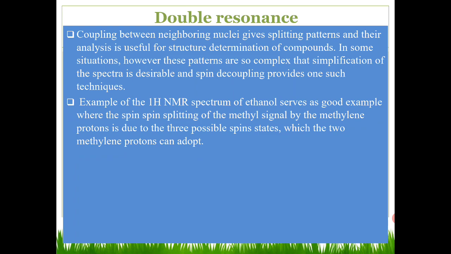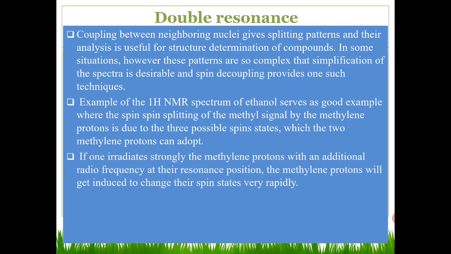So it will split the adjacent proton into 3, because of the n plus 1 rule, as 3 spin states are possible. So what do we do? Instead of having 3 states, if it has only one state, the splitting of the CH3 will not happen into 3.